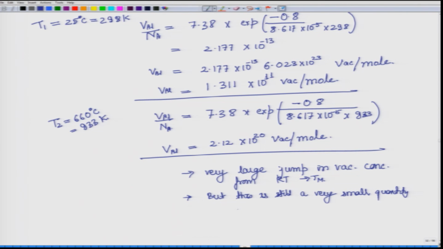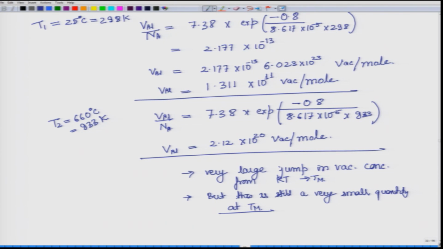At Tm, this is a big jump from room temperature to melting point, but this is still, as you can realize, a very small fraction, 0.001. So, we are not even reaching 1%, this is less than 0.1% of the sites being vacant.